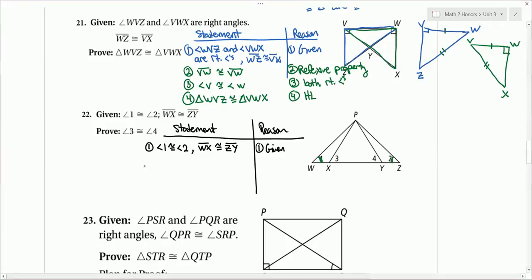So for a second statement, we can say that WP is congruent to PZ, and the reason is the converse of the isosceles triangle theorem.